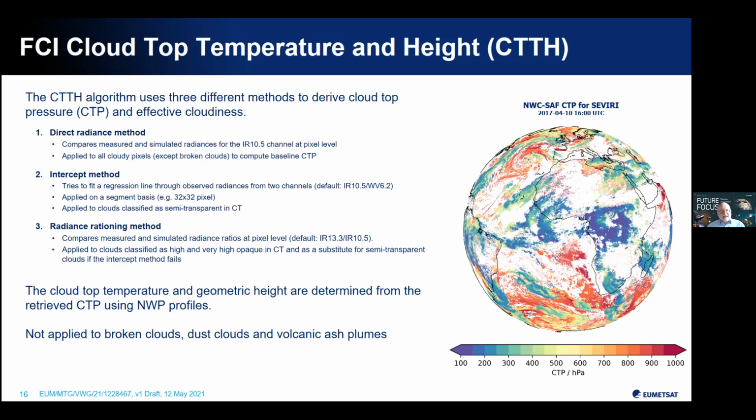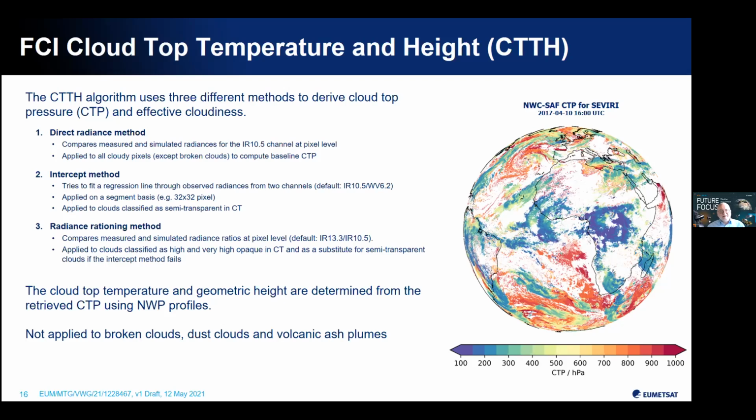As you know, the direct gradients method compares the measured and simulated radiances. Again, these are from profiles from ECMWF, forecast profiles running through RTTOV and providing us with the radiance profile.